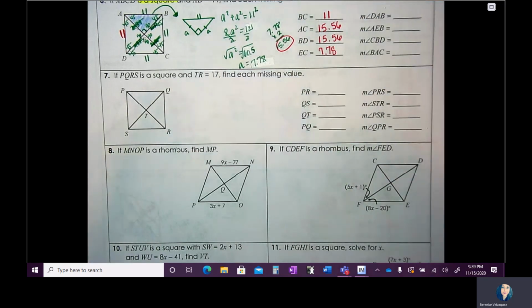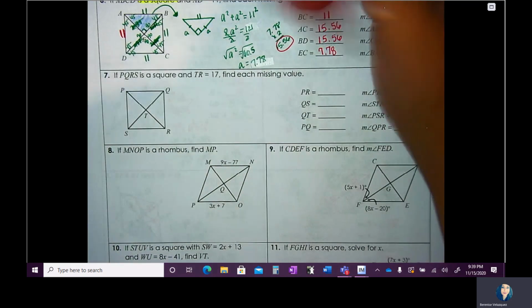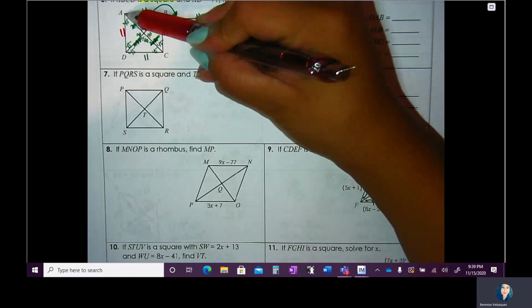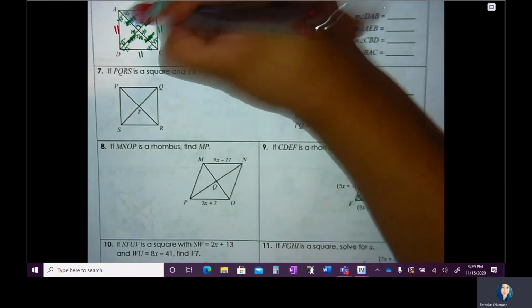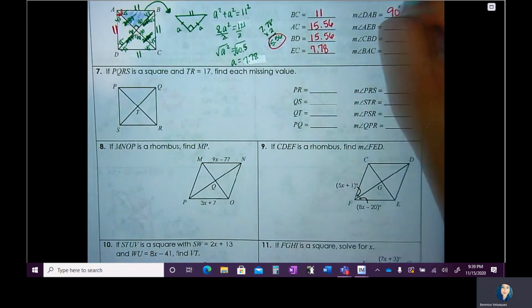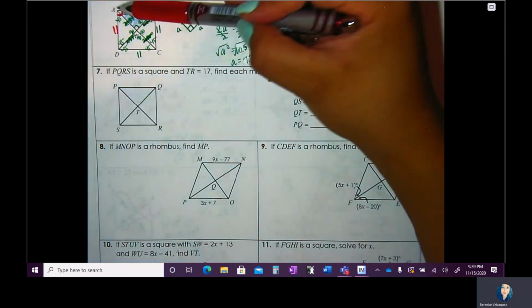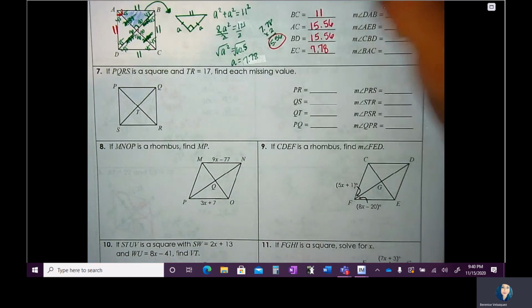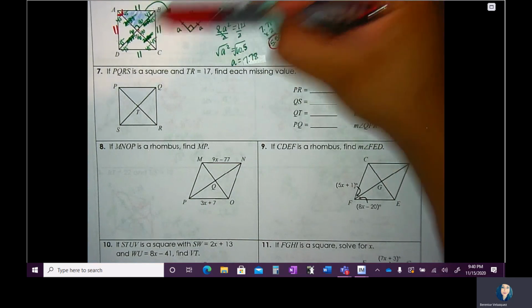Now I'm going to slow down a little bit so we make sure that we grab the right angles, because a lot of people get confused whenever we're doing these. DAB. It's the whole corner. The whole corner is always going to be 90 degrees in a square. E is in the middle, and then B. E is to the middle, and then it goes out.